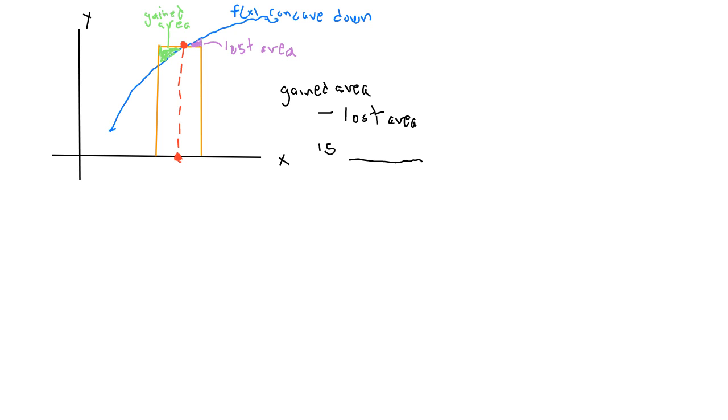That's right, Tuss. That's right, Ian. So that area is going to be positive. The midpoint rule approximation is overestimating the area underneath this concave down function. For every rectangle, gained minus lost is going to be positive.